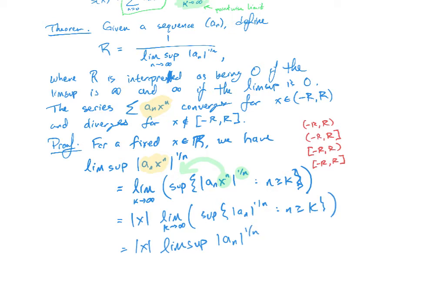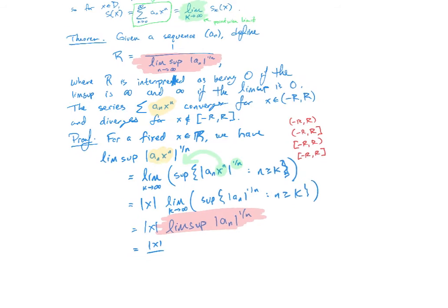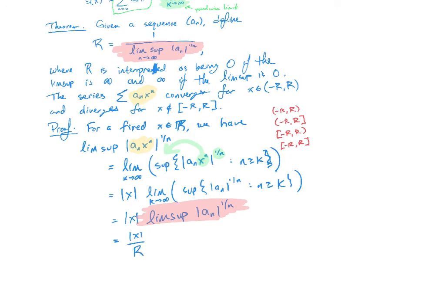And in fact, that quantity is that. Okay, now R is the reciprocal of that quantity, so this whole thing is the absolute value of x over R. Okay.